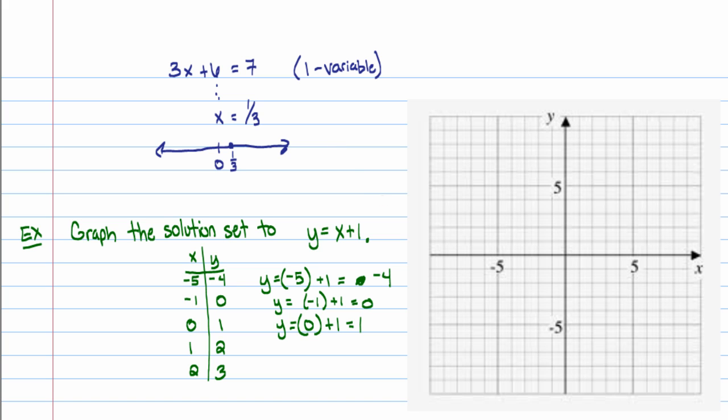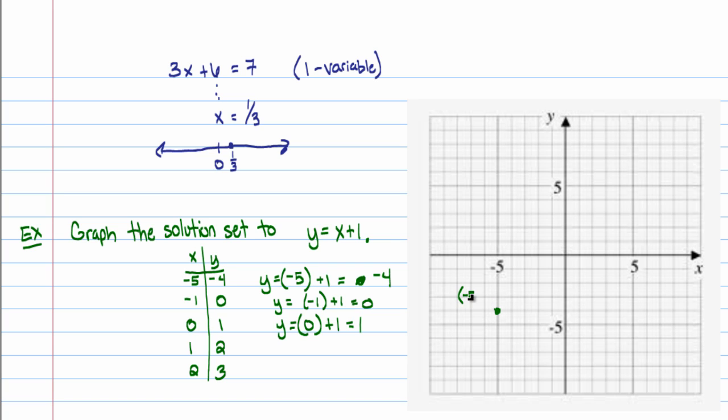There we go. So let's take a look at what happens when we plot these ordered pairs. The first ordered pair I want to plot is (-5, -4). That means I go backwards in the x direction 5 units, 1, 2, 3, 4, 5, and down 4, 1, 2, 3, 4. So it looks to me as though this point right here is one of my solutions.